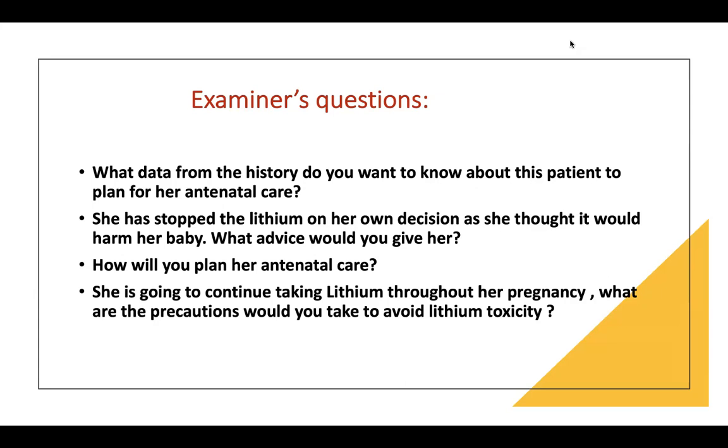And we would offer her an anomaly scan or anatomy scan between 18 to 22 weeks, along with fetal echo. And she should be offered serial growth scans from 24 to 26 weeks, every 2 weeks until 36 weeks.